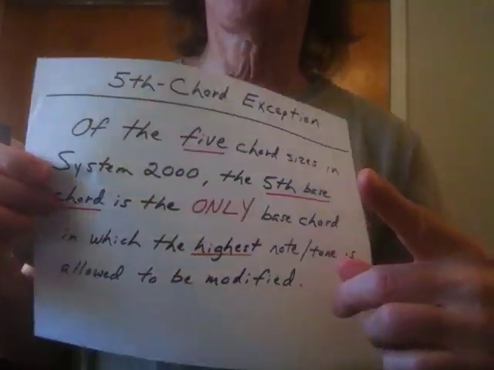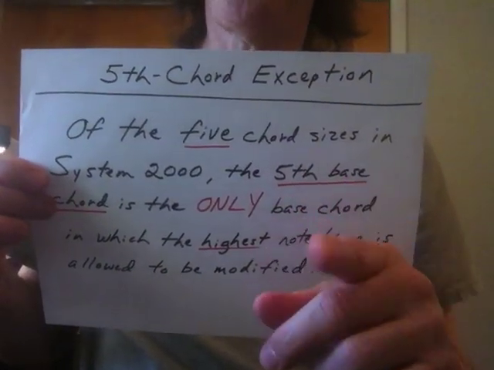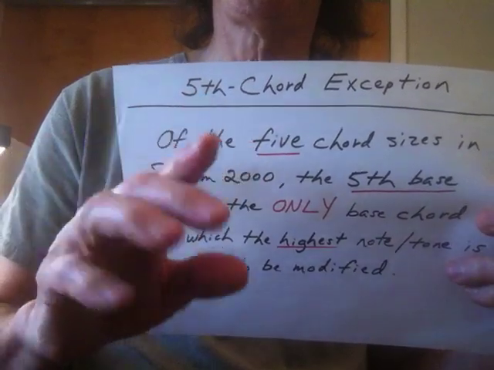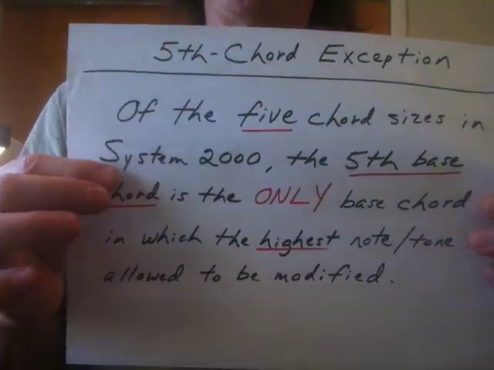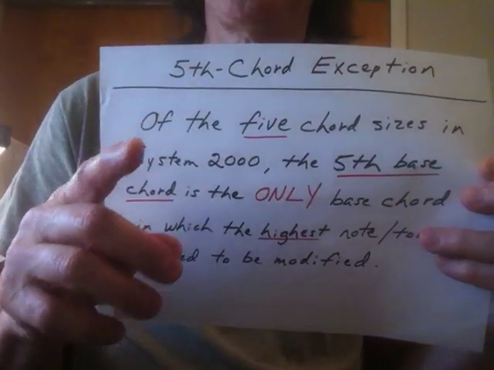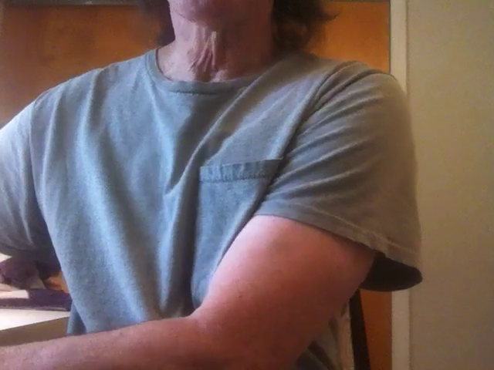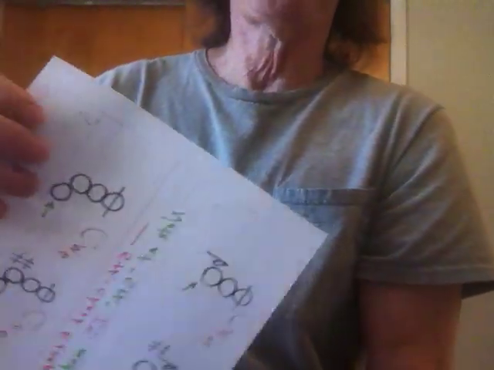Okay? In my system, there's an exception. I'm pretty fussy, but there's an exception. With the fifth chord, which you might call a triad, the highest note in the chord is allowed to be modified. All right? And we need that exception because if we didn't have it, we wouldn't be able to sensibly notate the smaller chords.